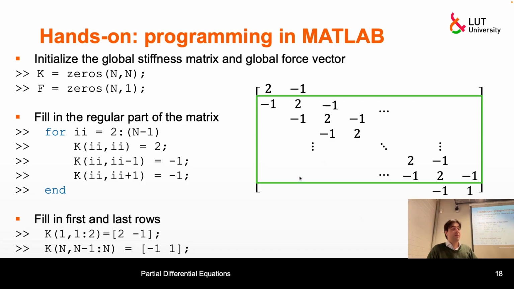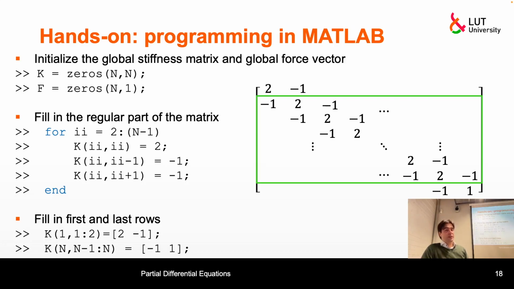So it's a band type matrix, and this is the type of matrix that you typically obtain in well-defined solid mechanics problems. This was for the finite difference method, but also you get this type of matrices in finite element analysis.